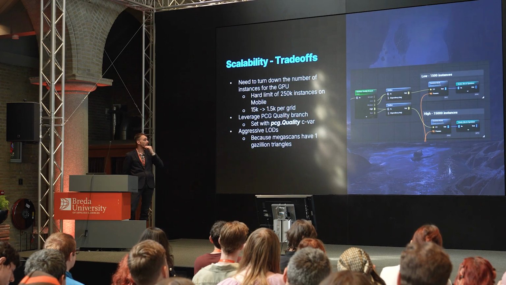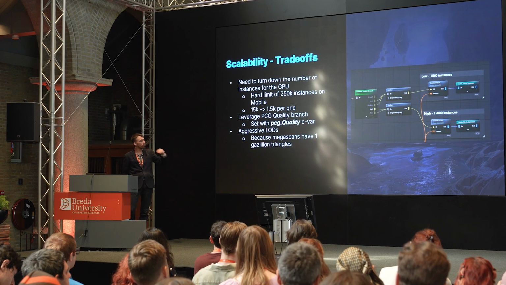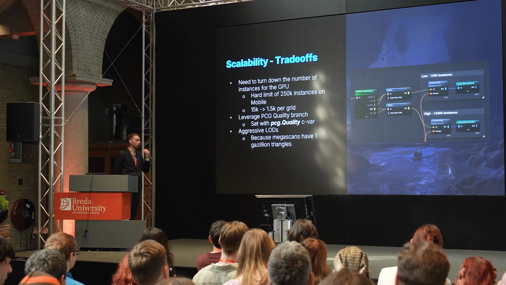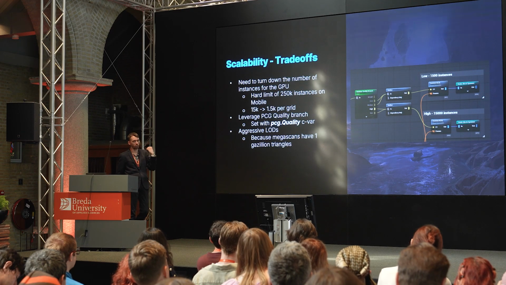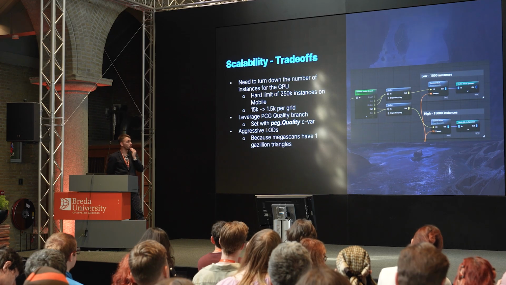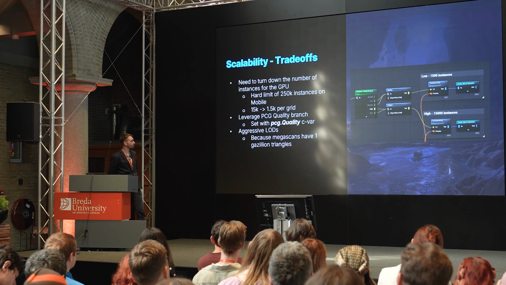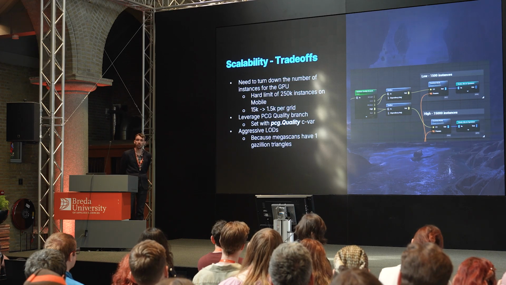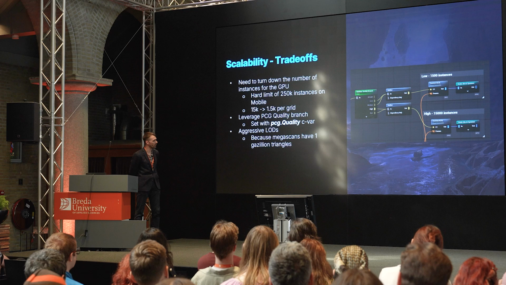And if in high or epic, I can go through the bottom path and have 15,000 instances. Unfortunately, for custom HLSL nodes, when you generate points, the number of points you generate is static. So you need to have two different nodes for that. And of course, you saw that I was aggressive with LODs because I use Megascans and they have one million triangles. So it wasn't going to work on mobile.